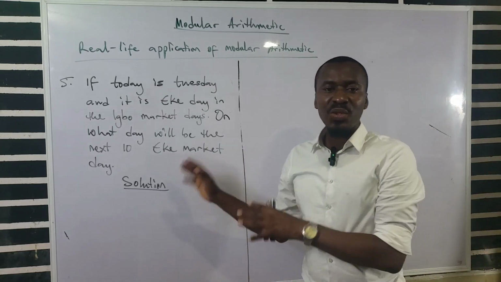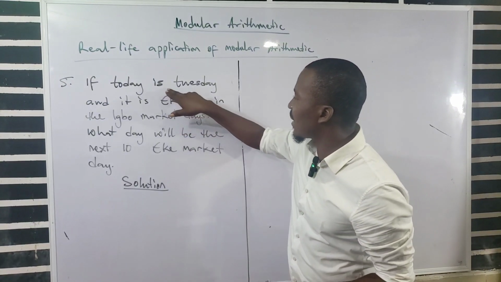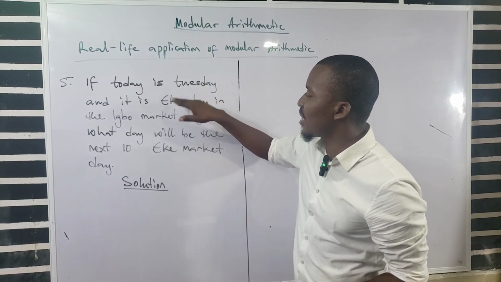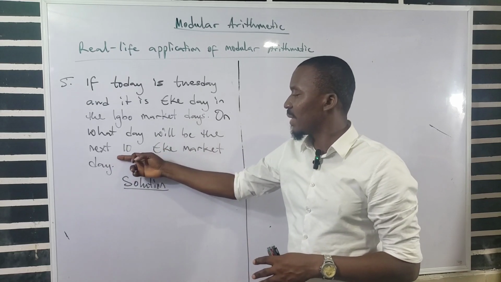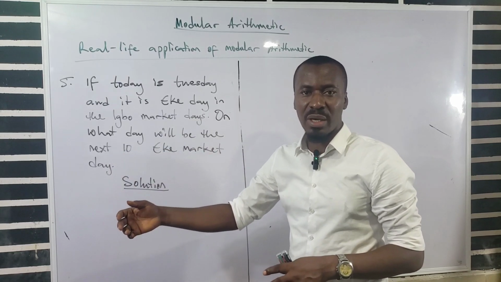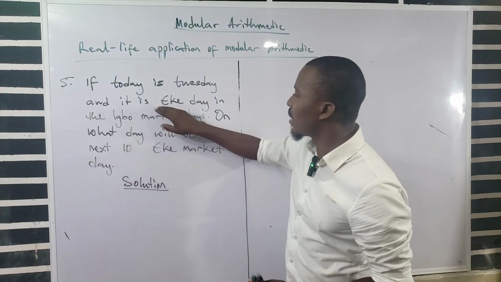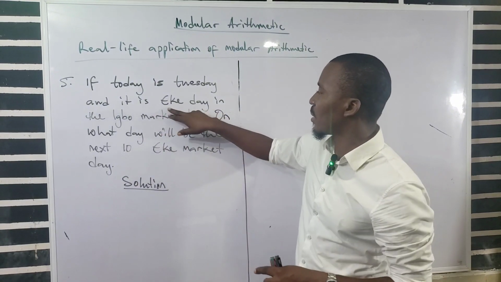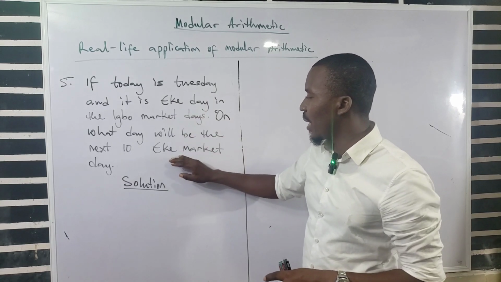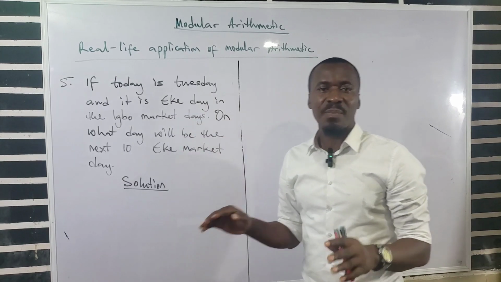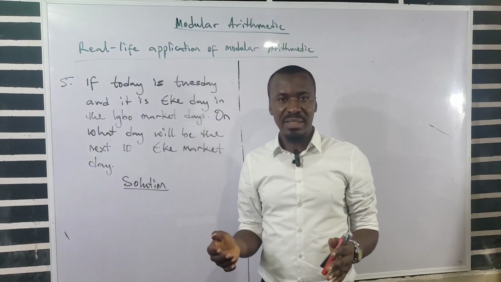So in this question, unlike the one we solved previously, this particular day, the Eke market day, is not included in the next 10. So we are going to calculate the next 10 excluding the present Eke day. So what are we going to do there? In Igboland, the market days come every 4 days.